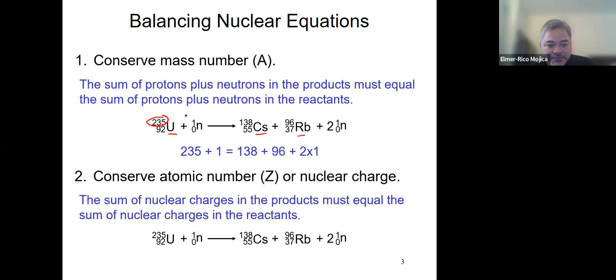This one plus this one will give you 236. So that means you have to make sure this, and 2 times this will give you also 236. On this side, atomic numbers, so this one plus this will give you 92. And then this plus this will give you also 92.